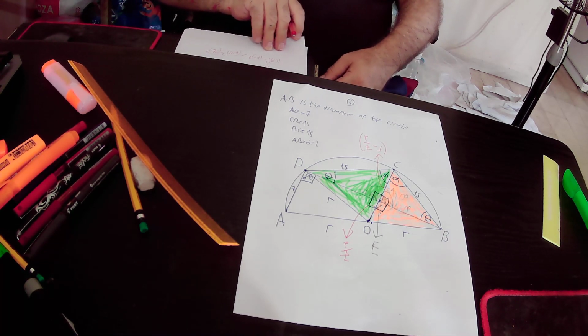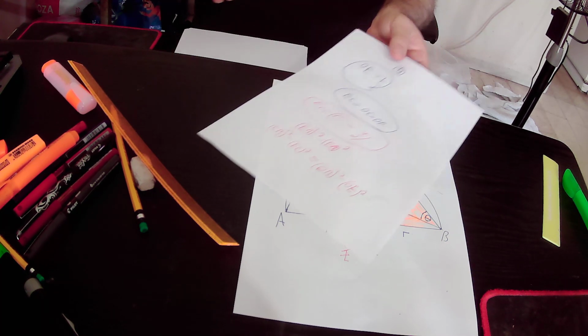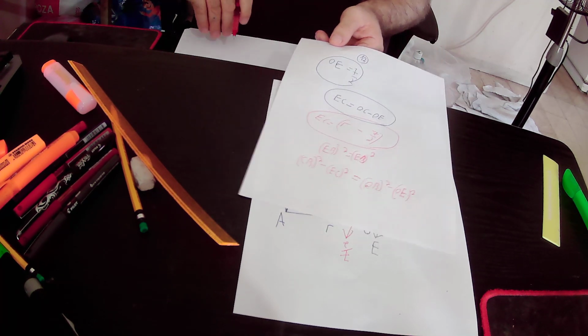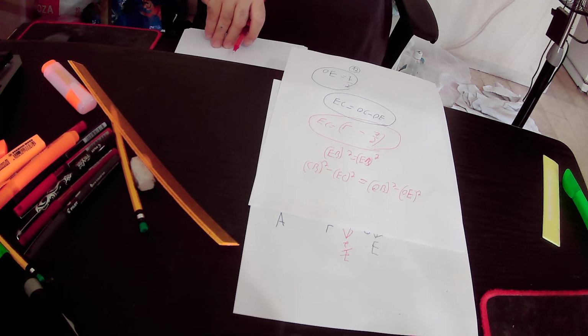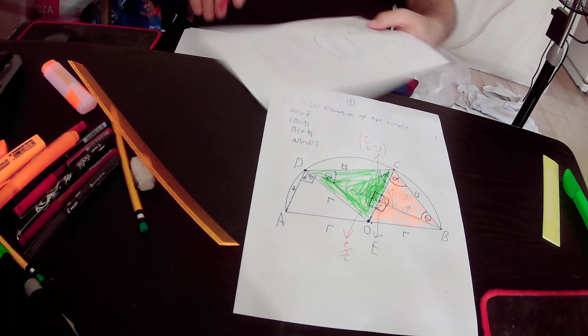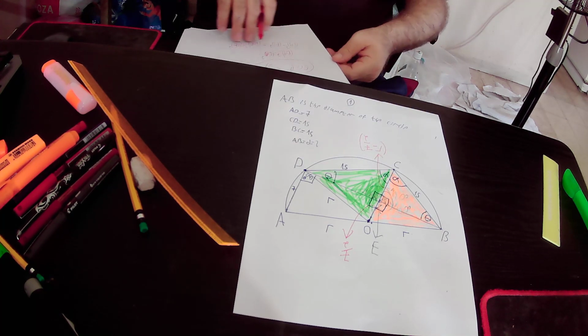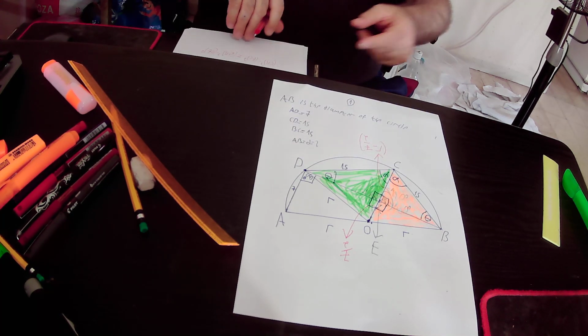So in total we arrive at this equality: CB squared minus EC squared equals OB squared minus OE squared. But what is the value of CB?